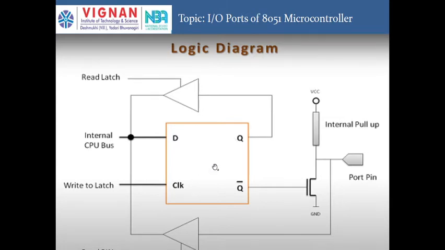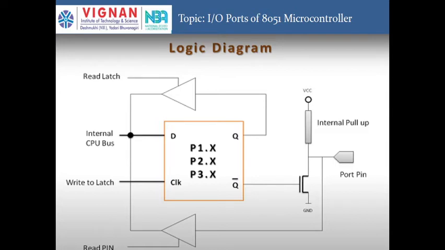Each 8051 port contains three main components: a D latch, an output buffer, and two tri-state transmit buffers. This one transmit buffer on some boards is mentioned as TB1 and this is TB2. That is the D latch, output buffer and two transmit buffers.